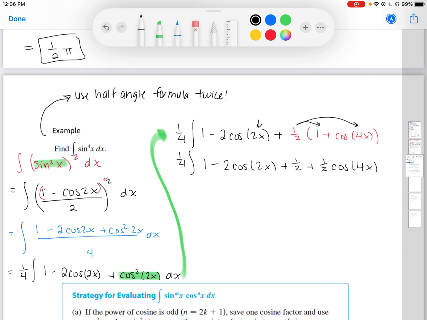And now we can go ahead and integrate each one separately. So for our answer, we have 1/4 times the integral of 1 is x minus, then we're going to have sine of 2x. And that's u sub, right?